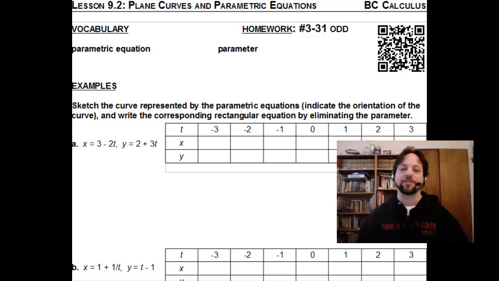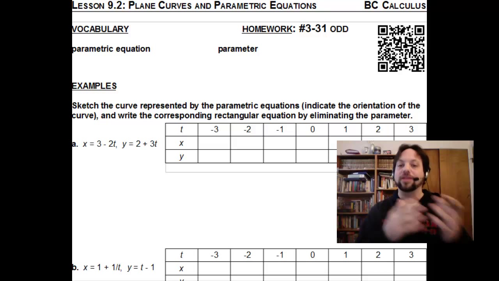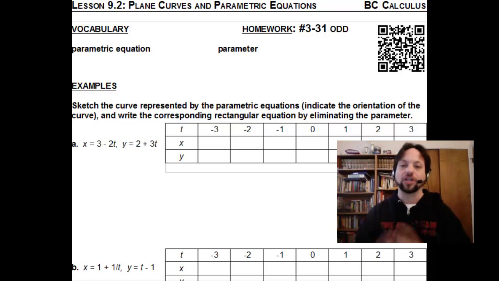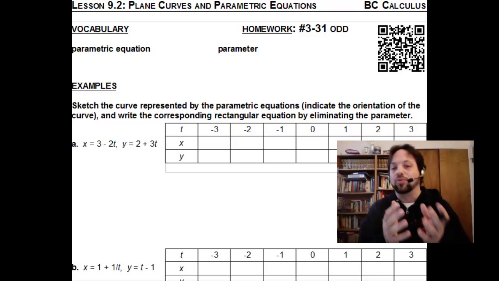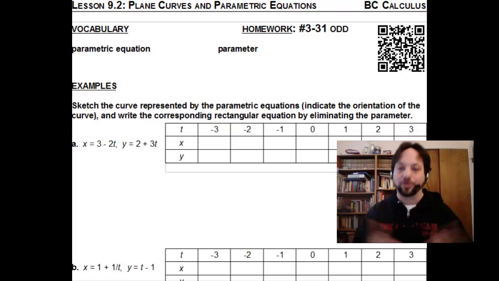Now, at this level of mathematics, that parameter often takes the form of t, representing time. In other words, the x and y coordinates are both themselves a function of time. But we will see a couple examples where the parameter is theta, meaning that the x and y coordinates are taken respective to the angle that's being measured at that point, or we could use any other parameter.